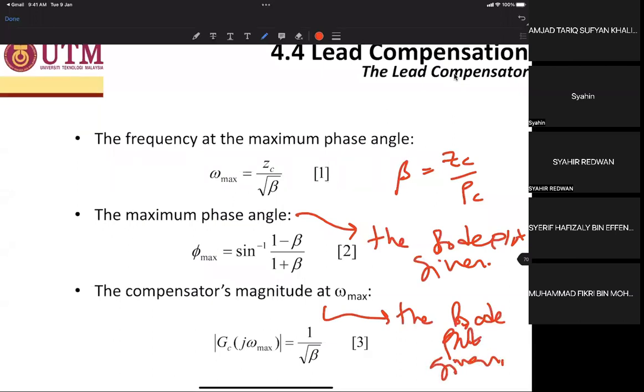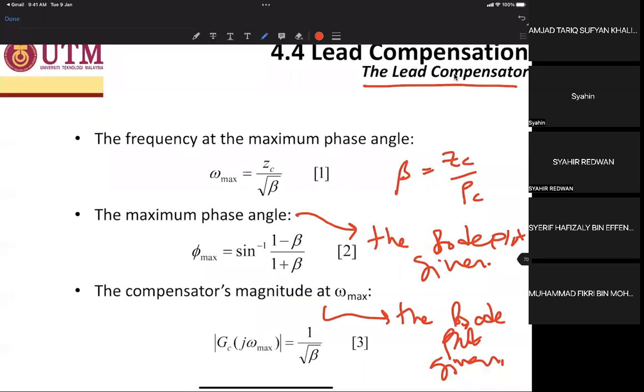So in lead compensator, the booklet is given, okay, but you just get the value of the phase margin and gain margin before compensation, and then find the maximum phase angle and magnitude at omega max. So you don't have to draw the minus 20 dB line like in lag compensator.